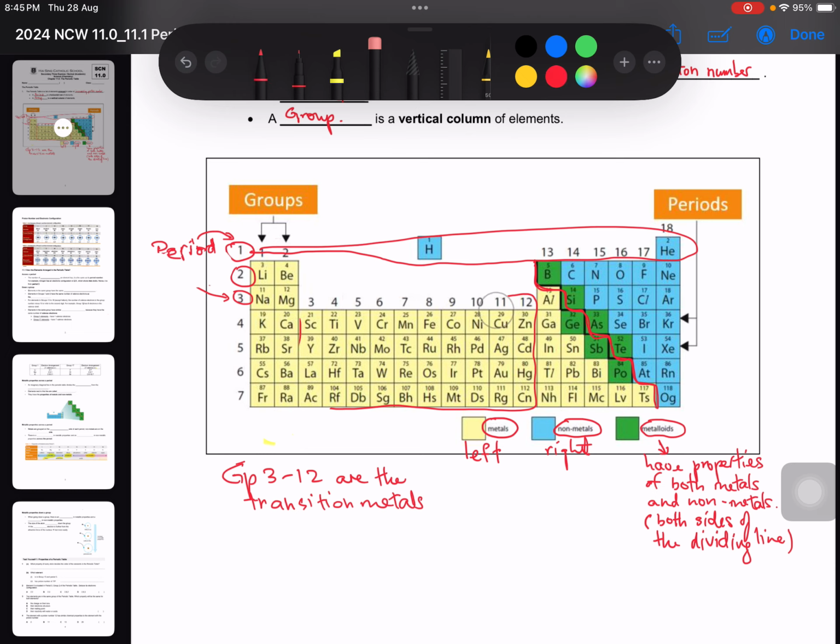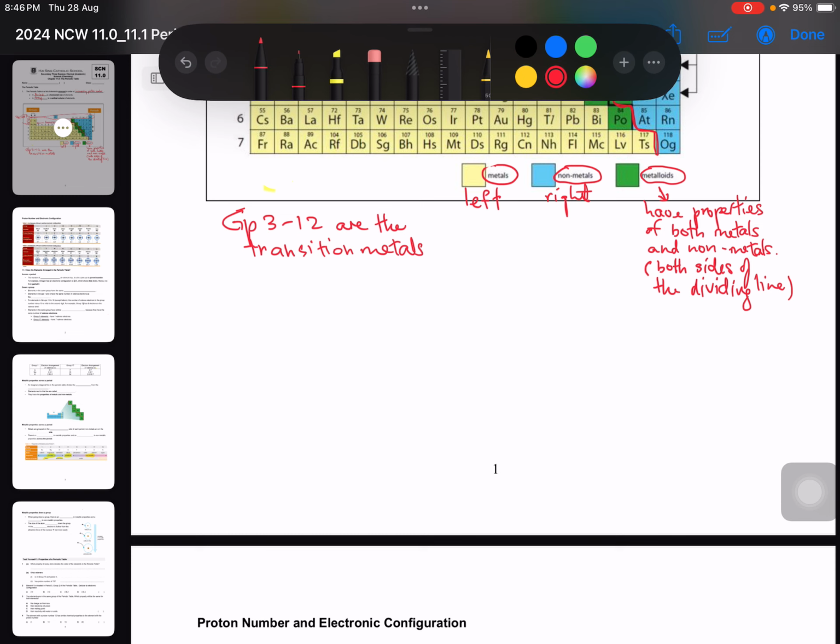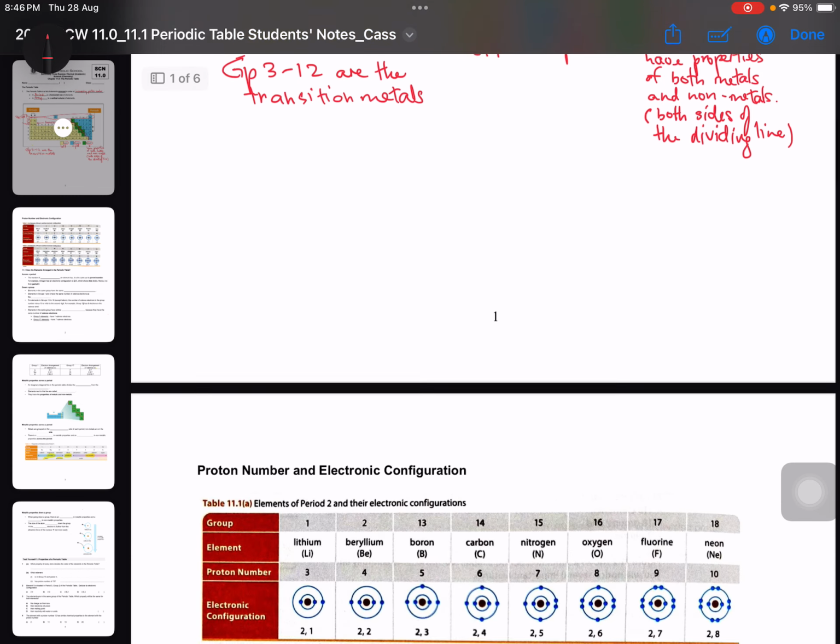But we don't really have to know about them in detail, just know their name is good enough because they are not in our syllabus. These are the transition metals, 3 to 12. Is that okay? Moving down. If I'm going too fast, then you just pause the video.